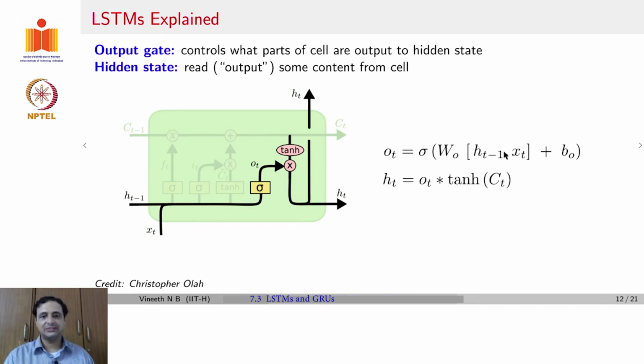Once again it receives ht minus 1 and xt as input, has its own weights Wo and bo, and a sigmoid activation function because it's also a gating mechanism. This is now combined with Ct, the current cell state, element-wise, to decide what should be the ht that is provided to the next state, as well as to the output.